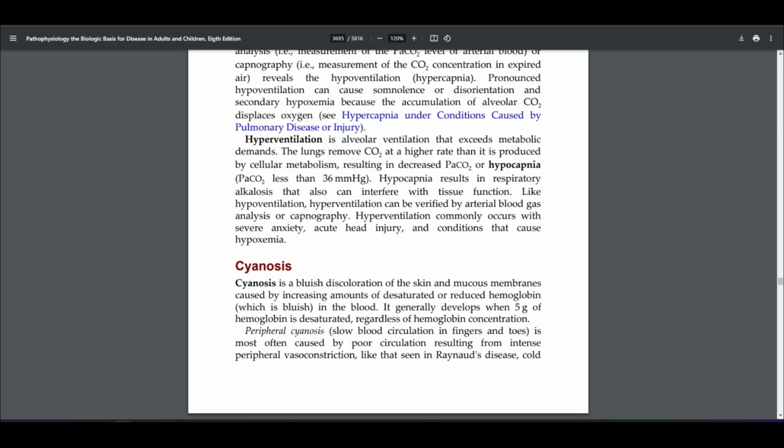Hypocapnia results in respiratory alkalosis that also can interfere with tissue function. Like hypoventilation, hyperventilation can be verified via an ABG and capnography. Hyperventilation commonly occurs with severe anxiety, an acute head injury, and conditions that cause hypoxemia.